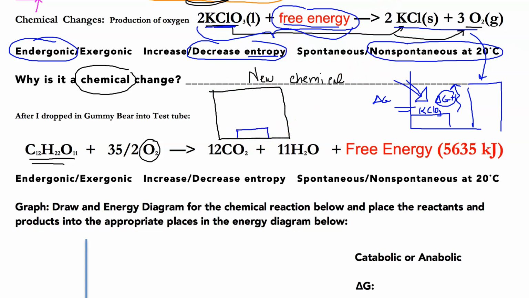Now, if you look at what's going on here, we have two of these particles becoming how many? Two of these and three of these. Whoa, two particles are becoming five. What's happening to the degrees of freedom? I have two particles that are liquids, and then we make three particles that are gases. So out of the five particles, three are gases.